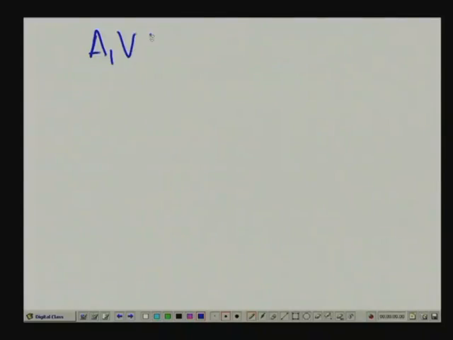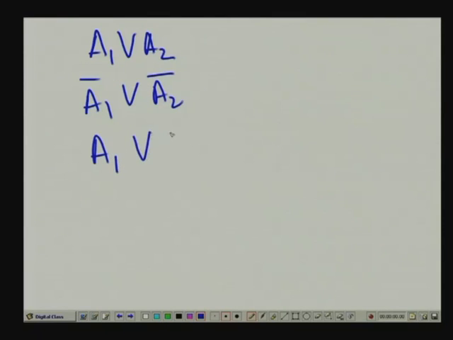Now, if we consider a different class of hypothesis, suppose our hypothesis is a disjunction of exactly two literals, then our hypothesis space will be different. What would be the possible hypotheses in this space? A1 or A2 is a hypothesis, A1 bar or A2 bar is a hypothesis, A1 or A3 is a hypothesis, A2 bar or A3 is a hypothesis, and so on. So, we will have a different set of hypotheses.